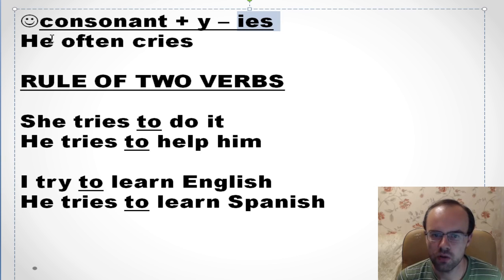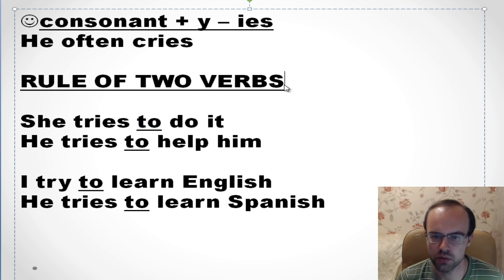Look, he often cries. We put often in the middle. And you know the rule of two verbs. Maybe you know, maybe not. Look, she tries to do it. So you can't say she try do it, you say she tries to do it.